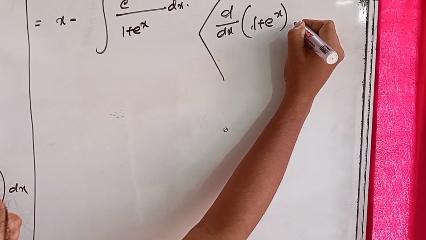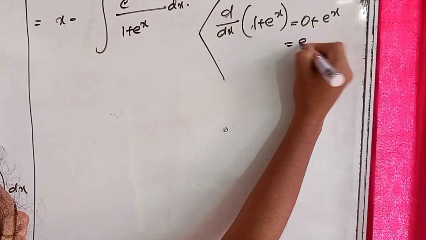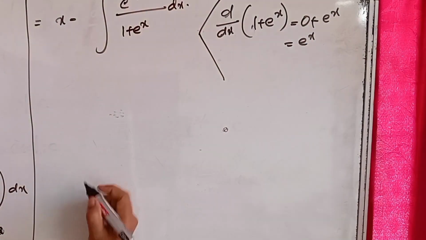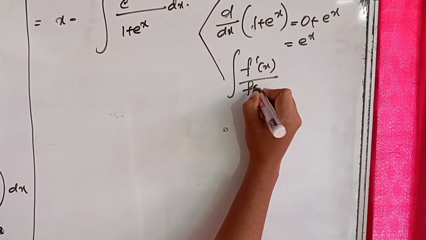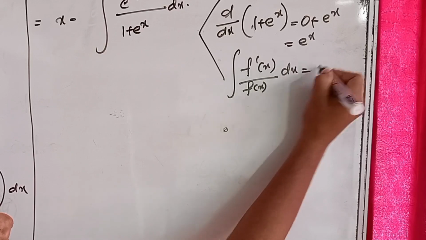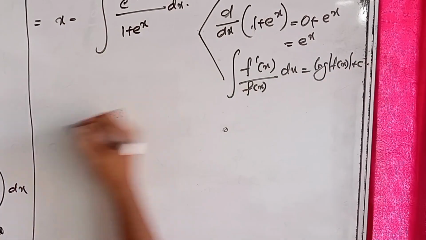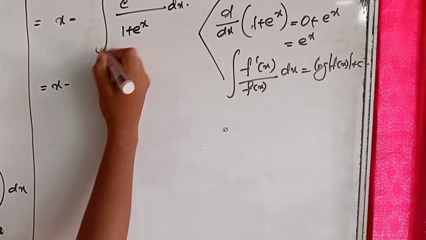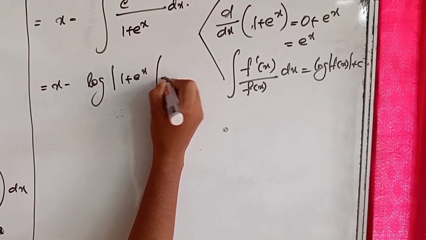We know that its derivative is e raised to x, that is the numerator. So here also we apply a formula. If the function is of the form f dash of x by f of x dx, then the integral value is log mod f of x plus c. Using this formula, the answer becomes x minus log mod 1 plus e raised to x plus c.